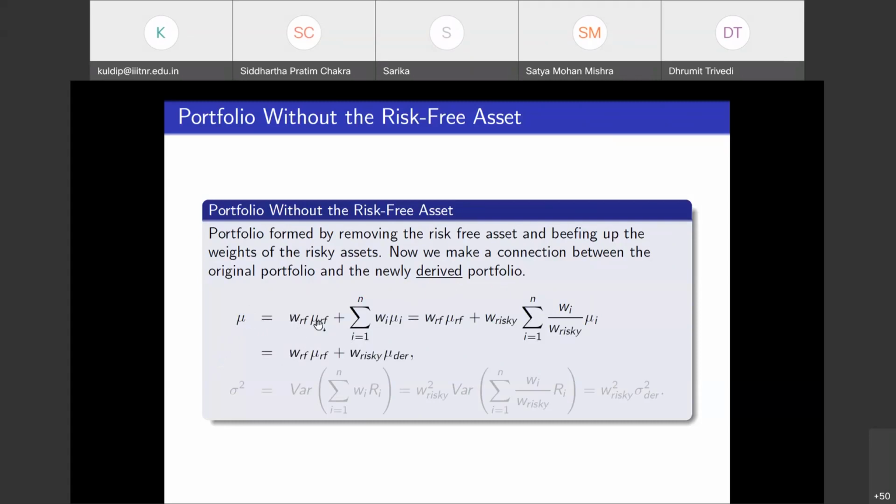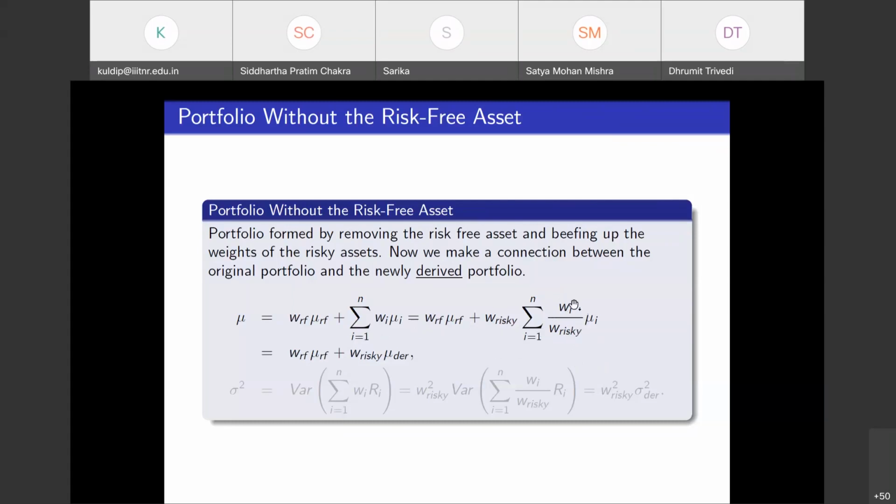So what is mu? Mu is equal to WRF mu RF plus summation WI mu I. We have already seen that. Now I can multiply and divide the second term by W risky. Remember, if my W risky was 0.8, then 1 over W risky is 1 over 4 by 5, which is 5 by 4, into WI.